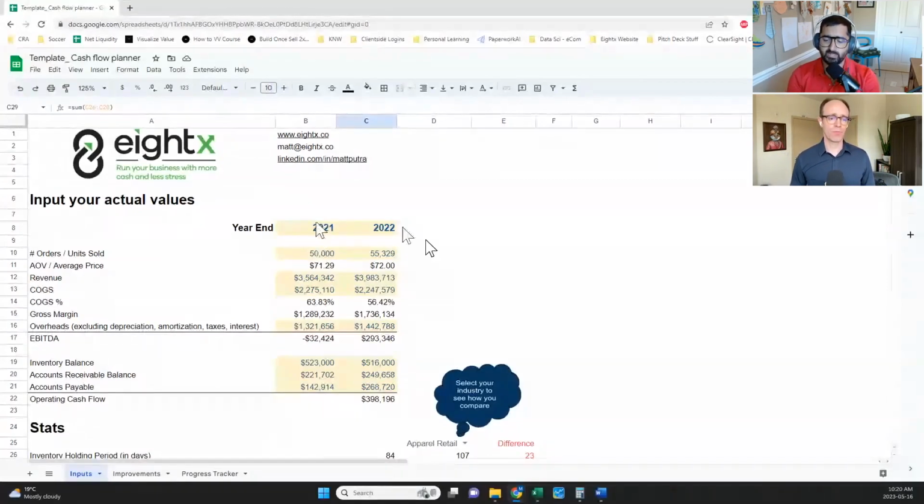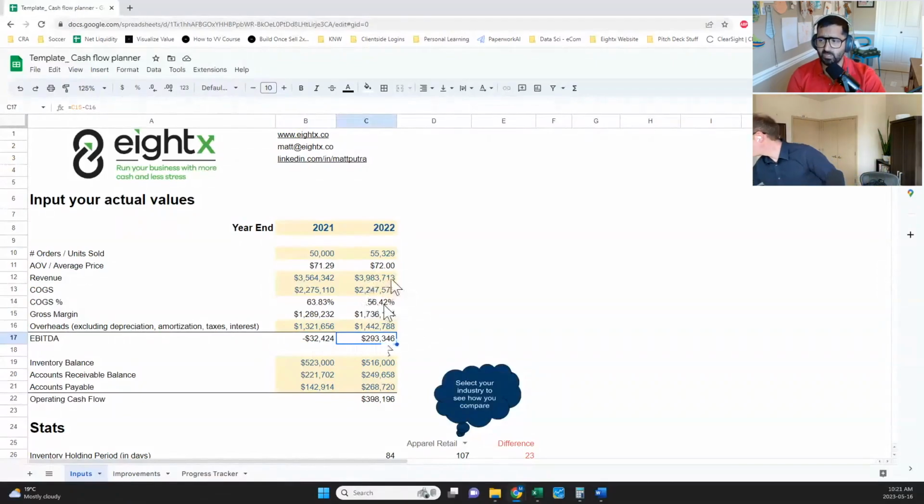EBITDA is net income plus income taxes, depreciation, interest, and amortization. We look at EBITDA just because it's a better operating number. This company lost money in 2021, and in 2022 they made around 290,000. They have about 4 million in sales, cost of goods sold of about 55 or so percent.